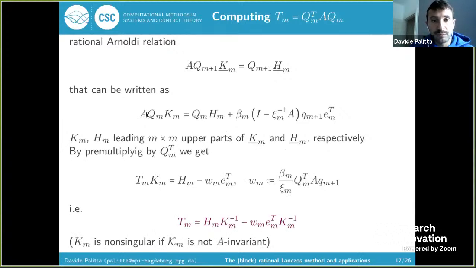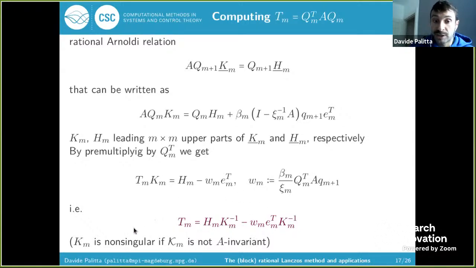So if we pre-multiply this expression by Q_m transpose, we get this expression here, and if we solve from the right by K_m, we need to assume that K_m is not singular, but this is the case if the space that we have computed so far is not A-invariant.